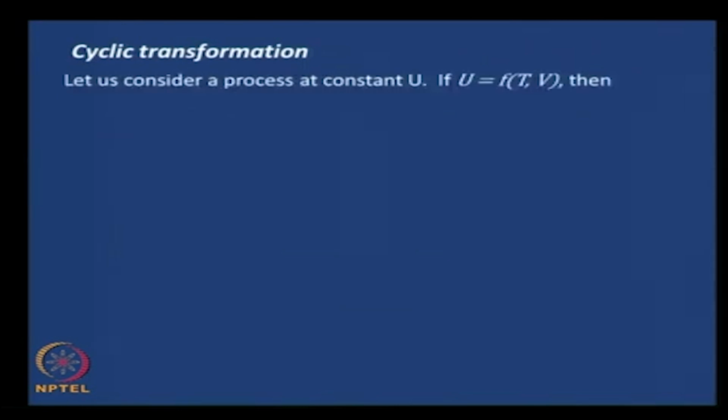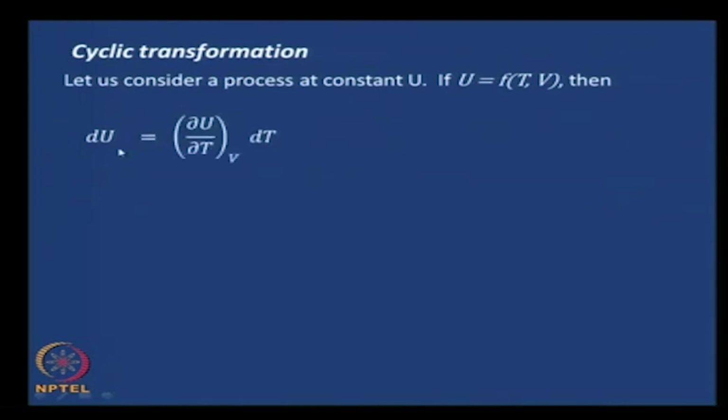The next mathematical manipulation that we are going to look at, which will again turn out to be very useful, is called cyclic transformation. To get an idea of what cyclic transformation is, let us consider a process at constant internal energy. If we write u, internal energy, as a function of t and v, then we are all very familiar with this expansion now.